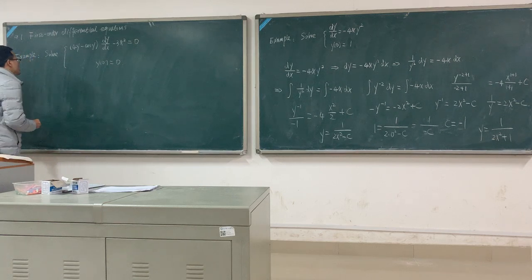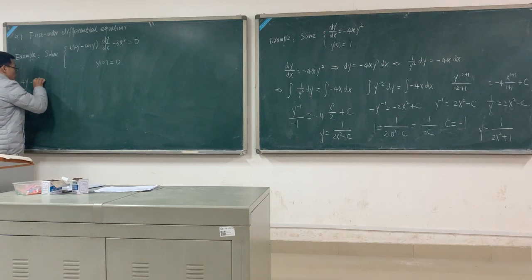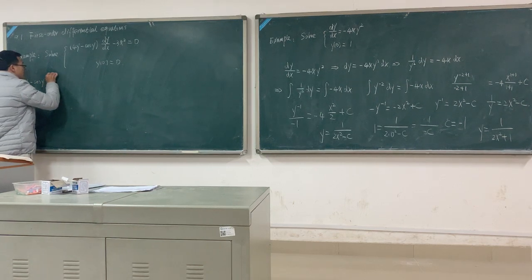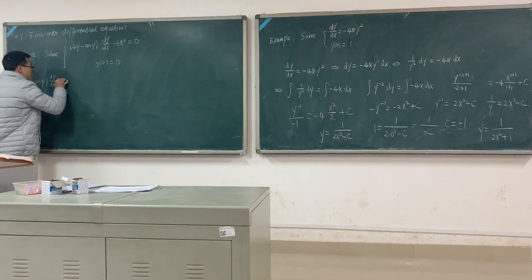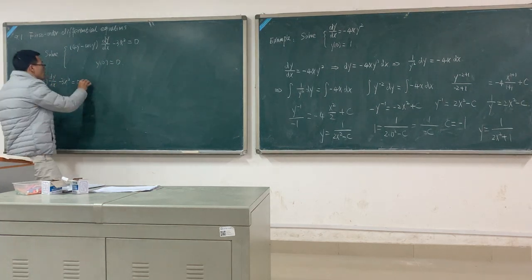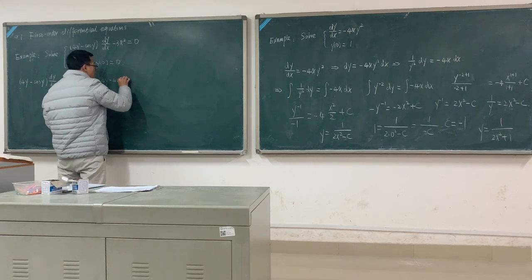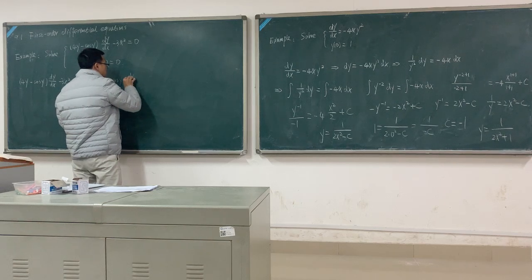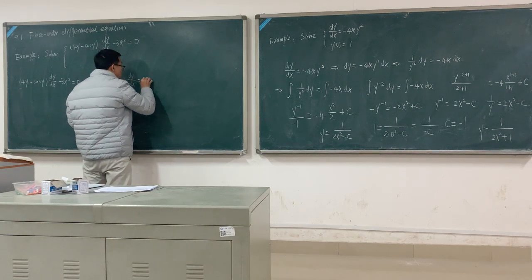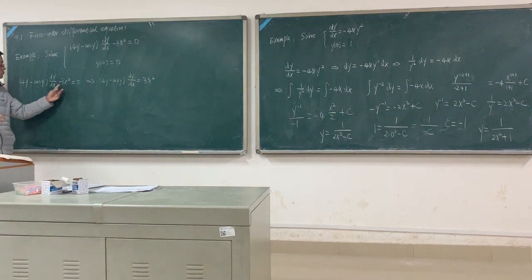So 4y minus cosine y, dy/dx, minus 3x squared equal to 0. We add 3x squared on both sides, so 4y minus cosine y, dy/dx equals 3x squared.